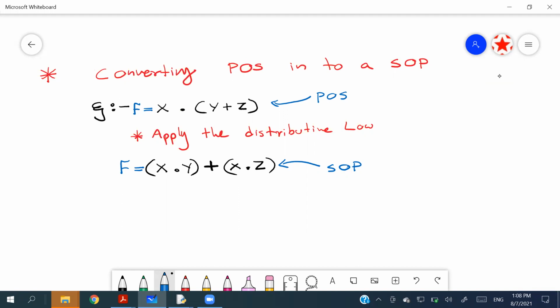Excuse me. Right now, here I'm going to do the other conversion: converting SOP into a POS.